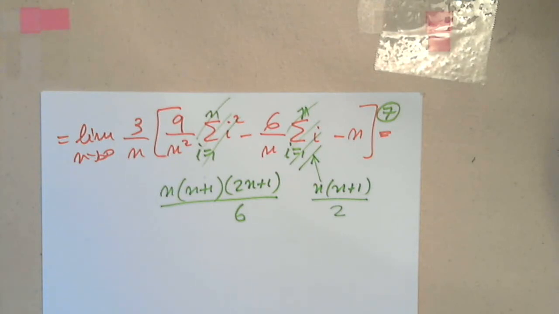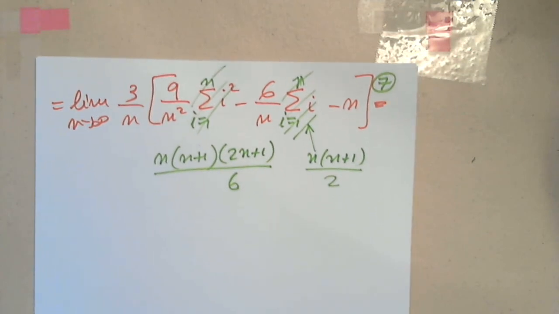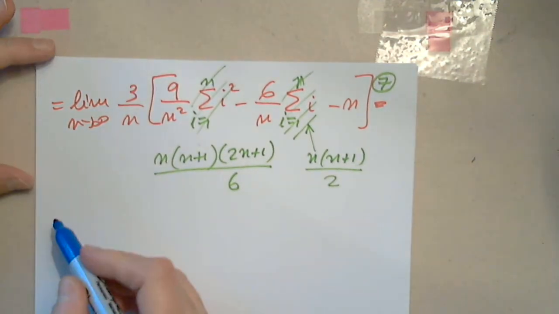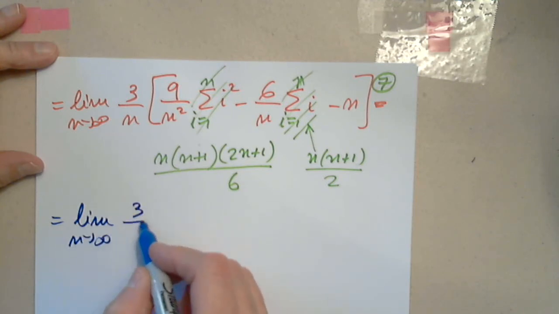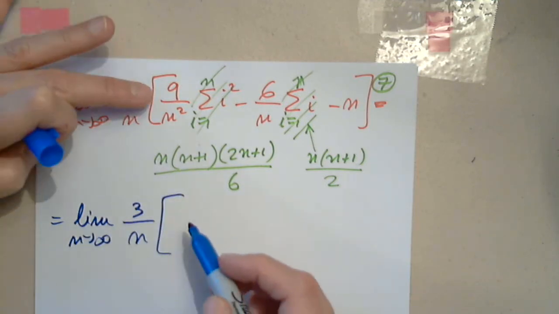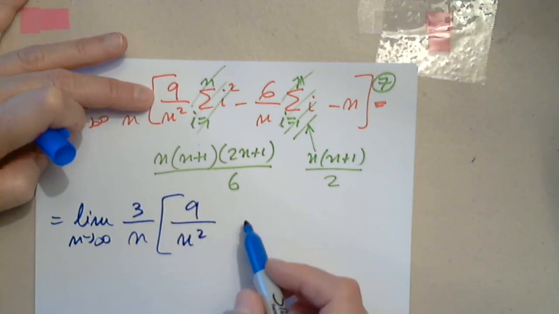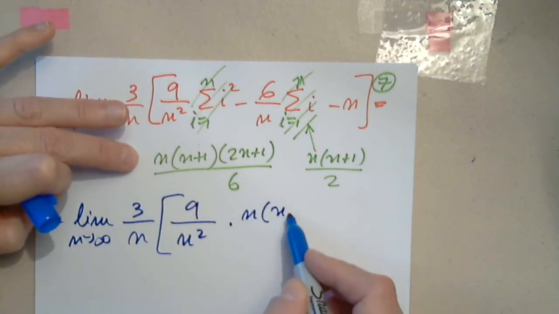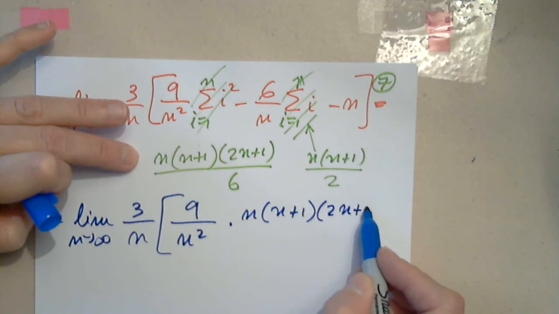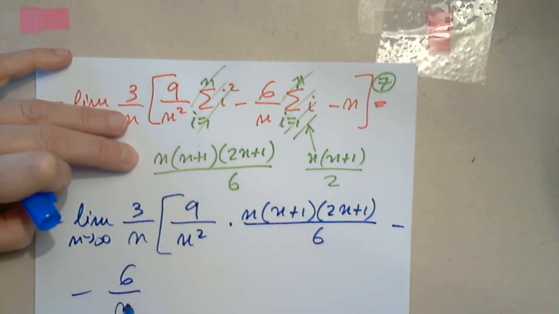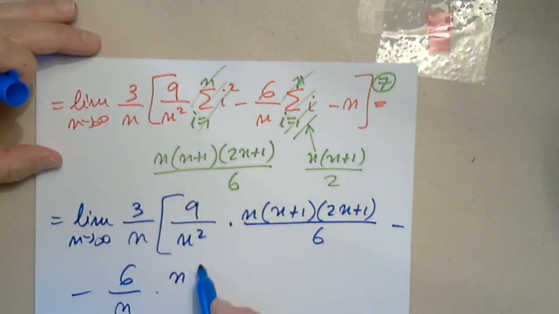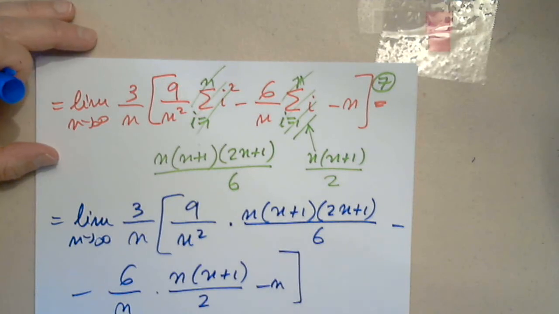At this stage, I got rid of all the summation notations, but I just have to rewrite everything. So this is limit as n approaches infinity of 3 over n, 9 over n squared times n plus 1, 2n plus 1 divided by 6 minus 6 over n times n plus 1 divided by 2 and minus n.